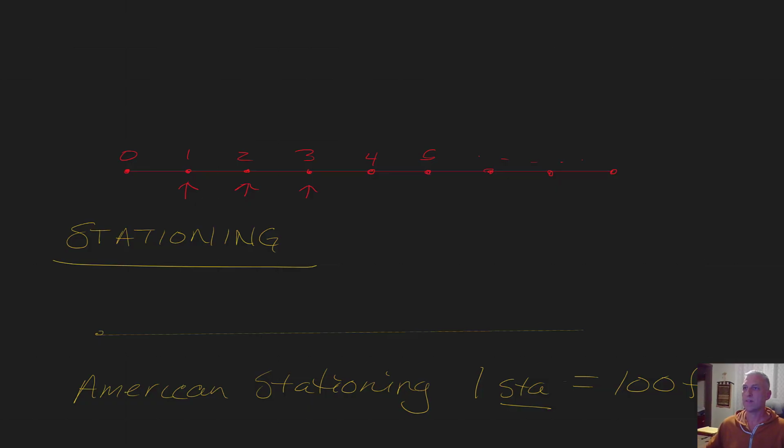So if I had my beginning point, I'm using that term regularly, and then here I would have station 100, and this one would be at 200, and here would be 300, so that there is 100 feet between each station.